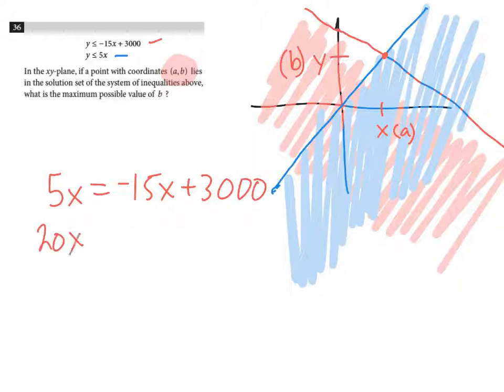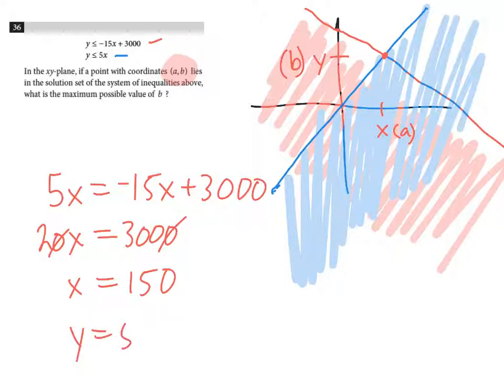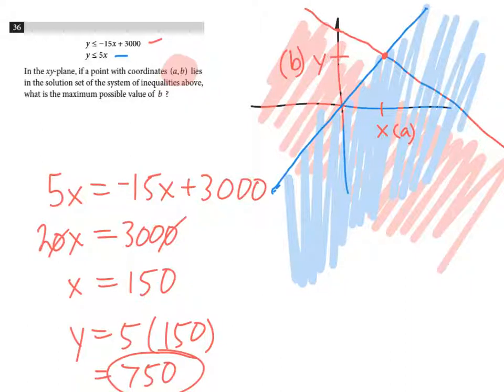I get 20x equals 3,000, and divide by 20, I get 150. So x is 150. When x is 150, I'm going to use the second equation. y is going to be equal to 5 times x, so that's going to be 750.